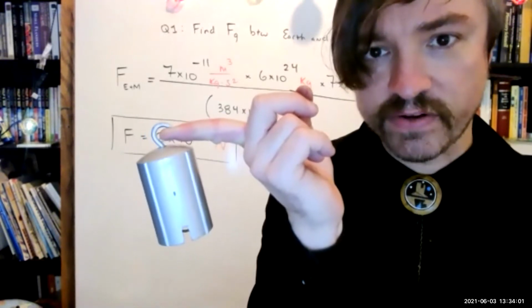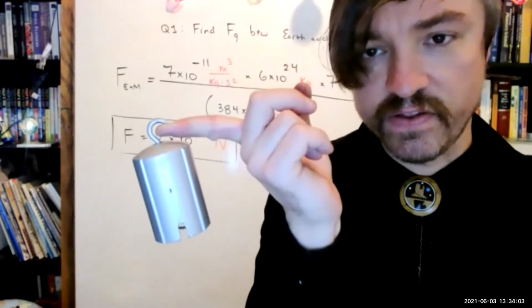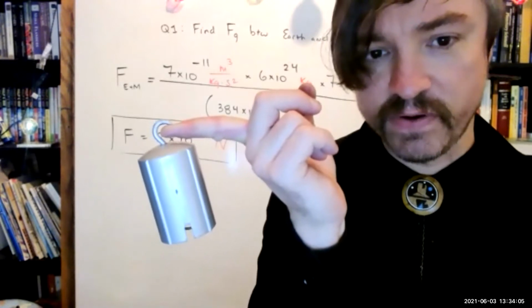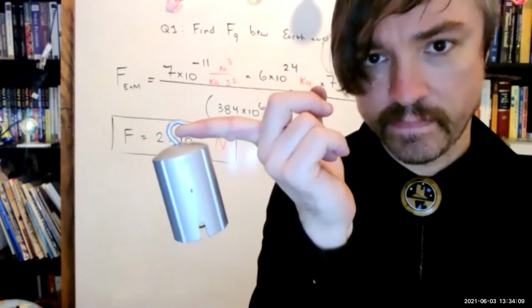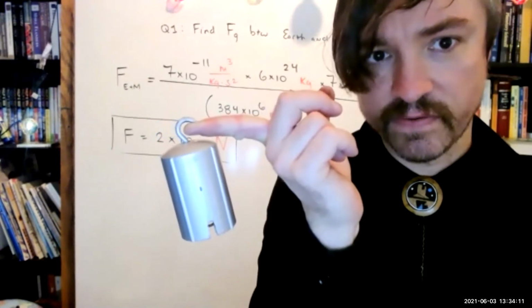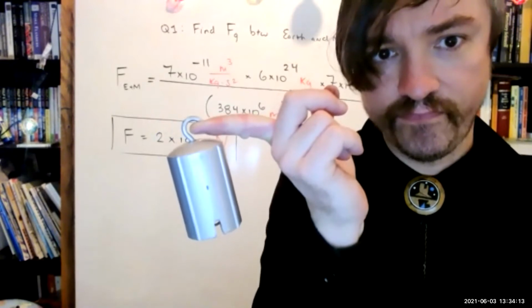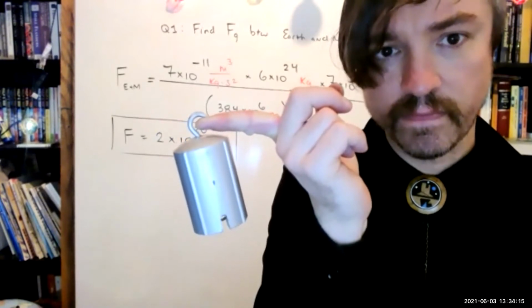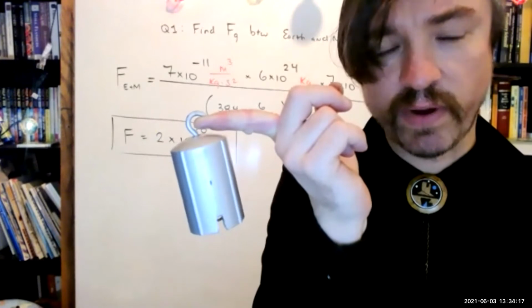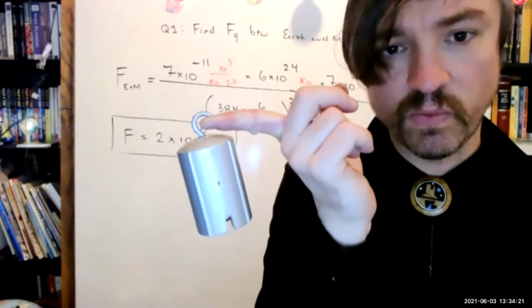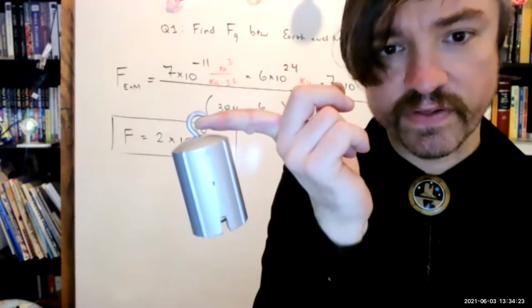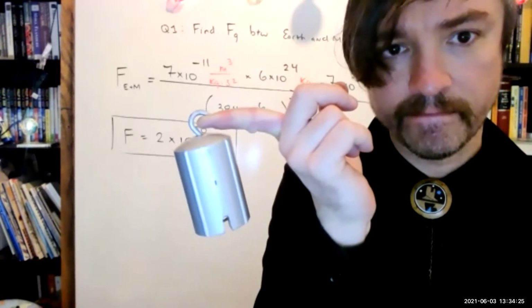Let's think through it together, gentlemen. What is Newton's second law of motion? Force equals mass times acceleration. What is the mass? 1 kilogram. What is the acceleration of Earth's gravity? 10.